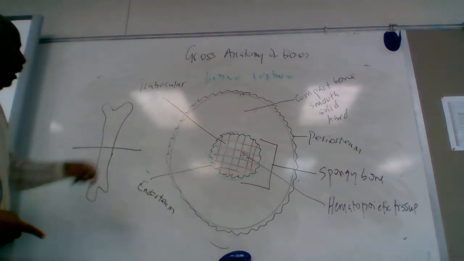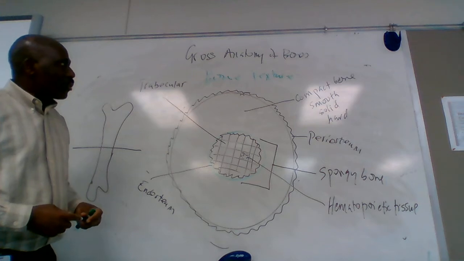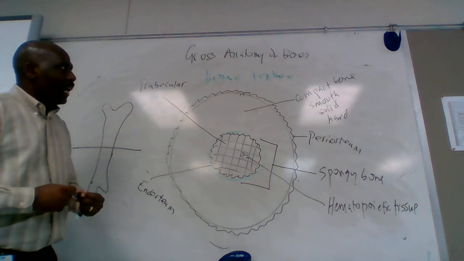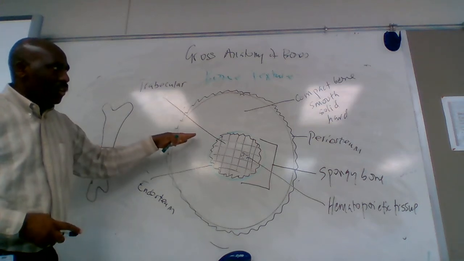Right, now I'm going to wipe this, and we're going to look at the external structure of a long bone. So this one is a cross section.